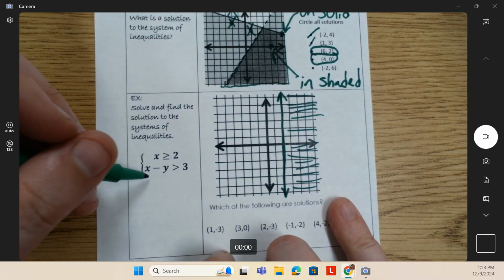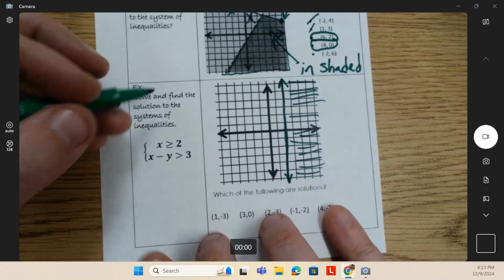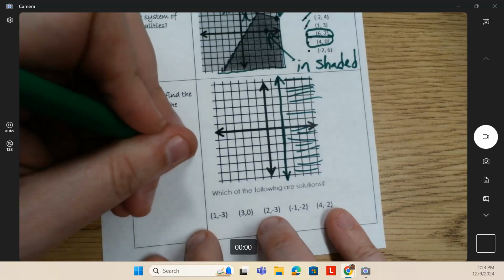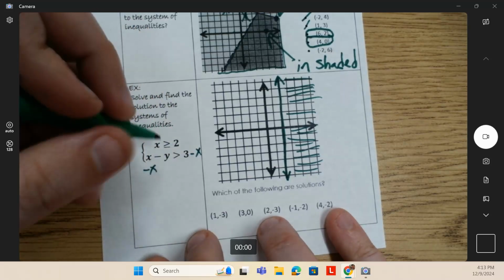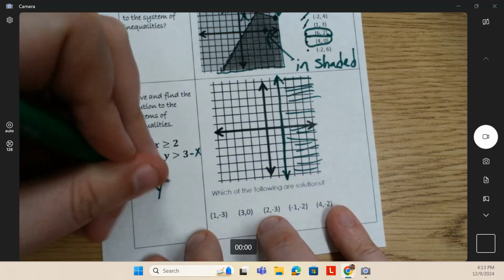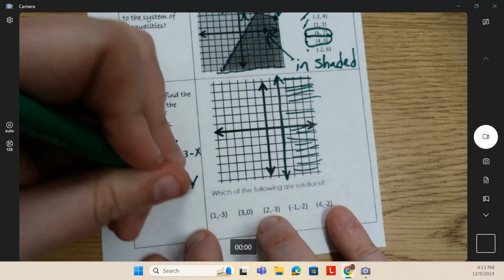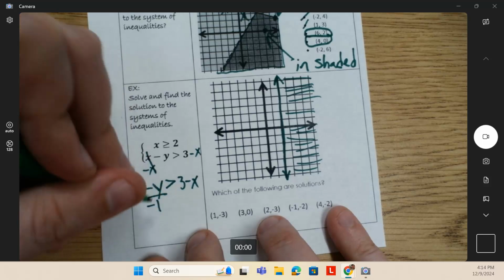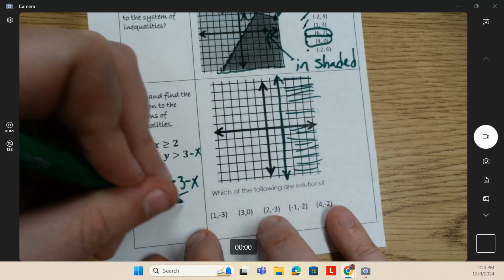Then I have x minus y greater than 3. So let's change that to slope-intercept real quick. Subtract x from both sides. Then I have negative y greater than 3 minus x. Now I've got to be careful when I'm dividing by a negative 1 here, that's going to change my sign around.